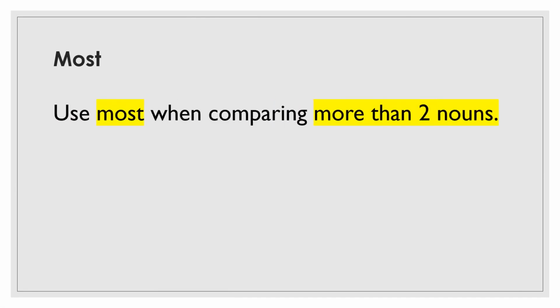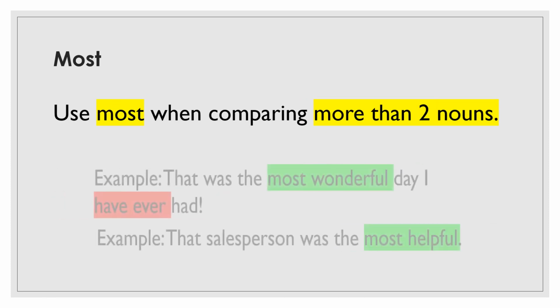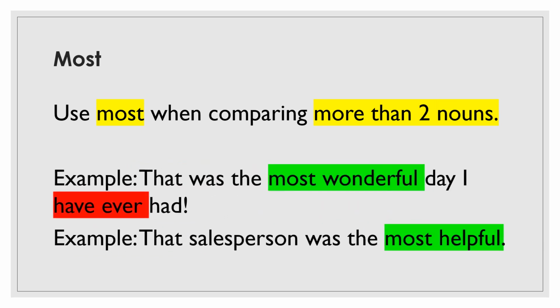When do we use most? Well, we use most when we are comparing more than two nouns, more than two people, places, or things. For example, that was the most wonderful day I ever had. That salesperson was the most helpful. Again, highlighted in red, I have ever had.